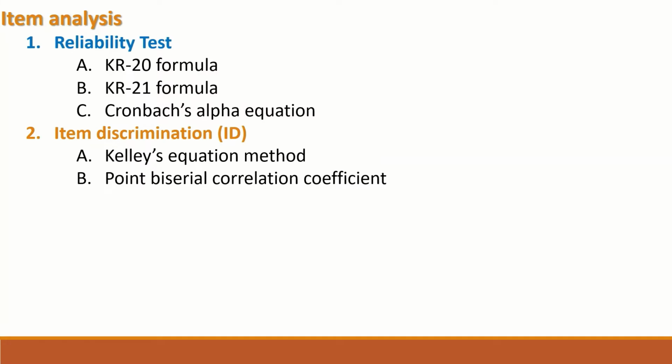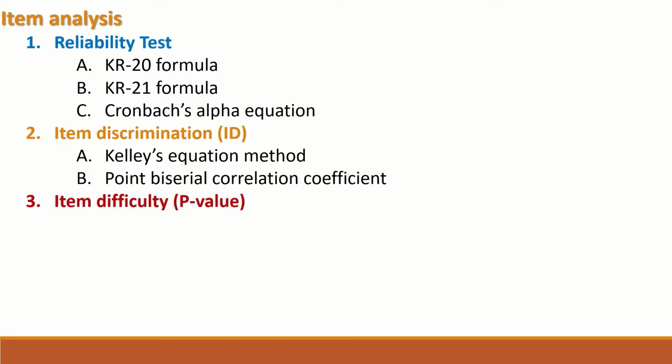Two different approaches will be explained. The first one is a mathematical method called Kelly's equation. The second one is a statistical approach, which is called the point-biserial correlation coefficient.